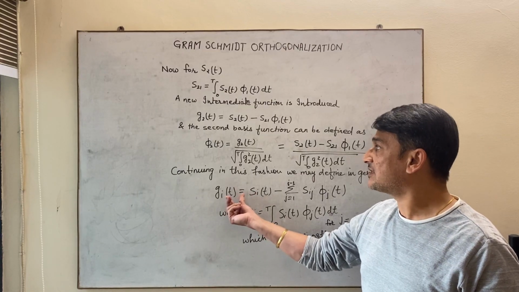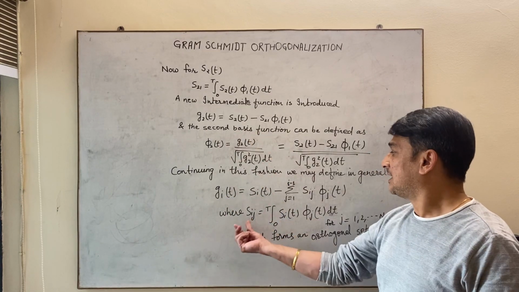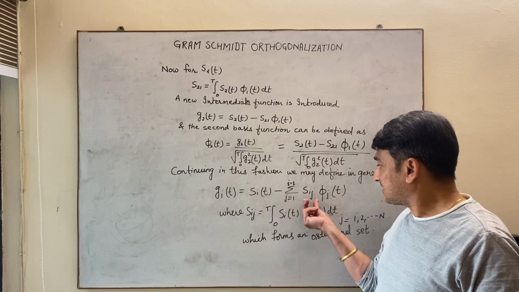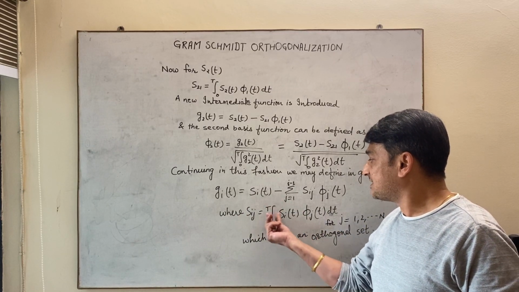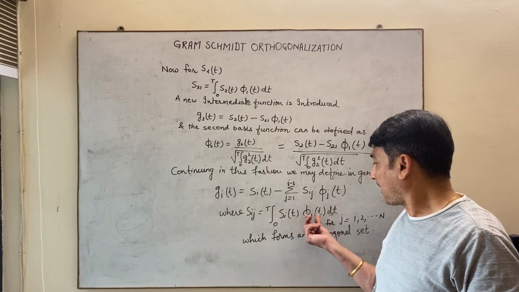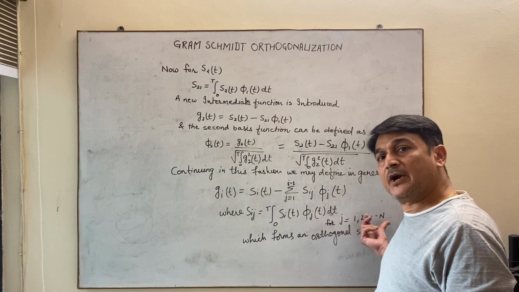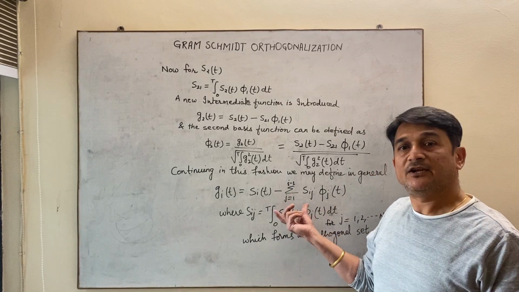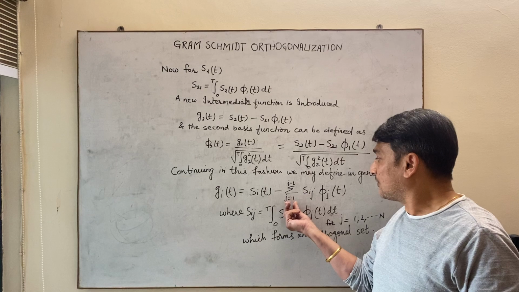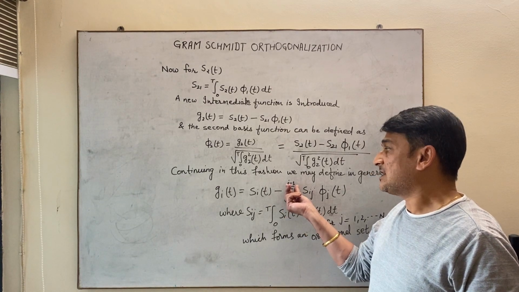With this standard equation you can calculate G1, G2, G3 and all the values, where Sij can be calculated as the integration over the limit 0 to T of Si(t) phi j(t) dt for j equal to 1, 2, 3 till n. That means for all the values of j, you have to calculate from j equal to 1 to i minus 1.